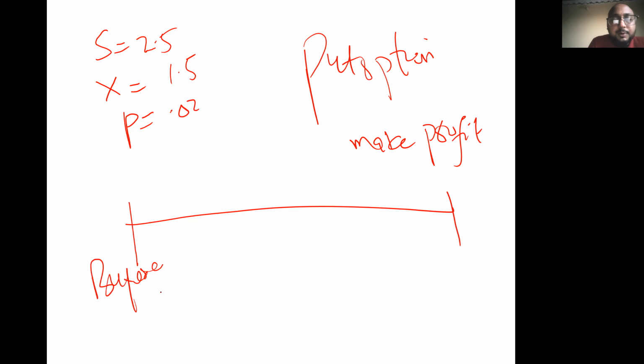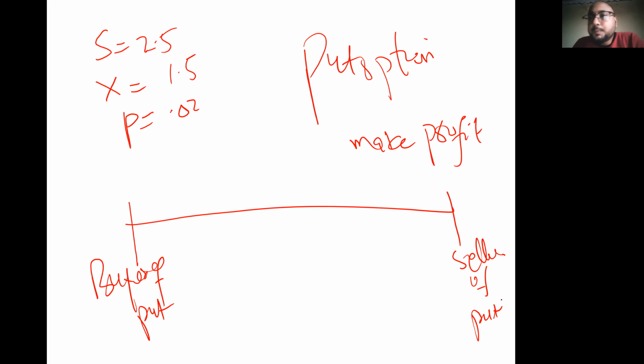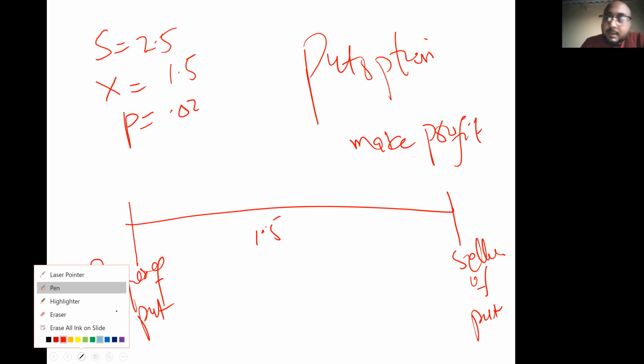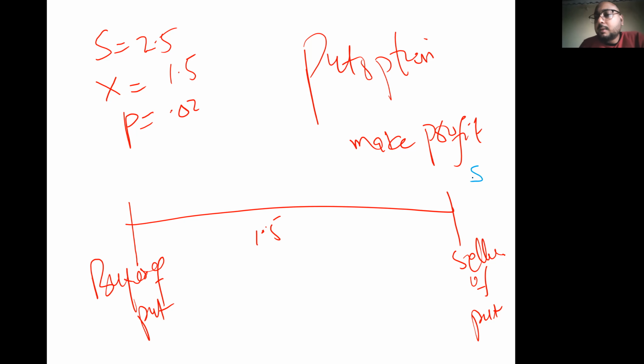This is the buyer of the put, this is the seller of put. Strike price is 1.5. Spot price is 2.5. So in this case, will the buyer of the put exercise the put option?